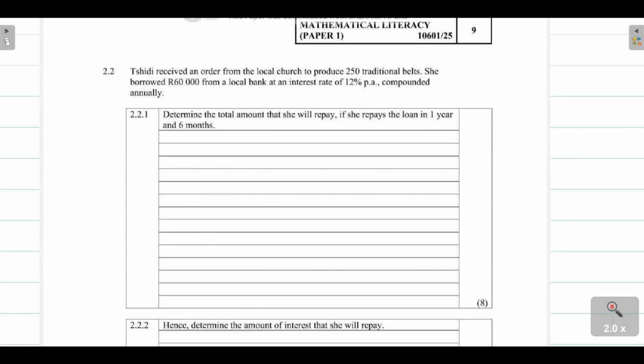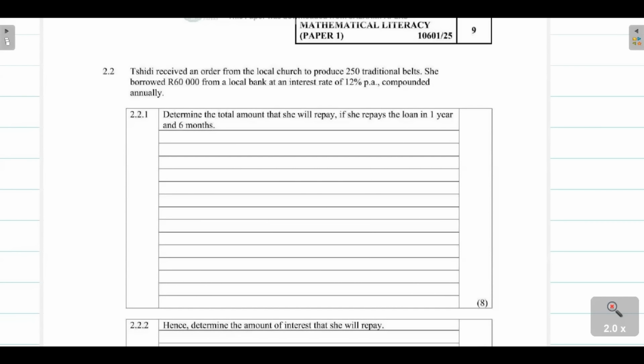Then, when we look at question 2.2, it deals with interest calculations. Remember when we were looking at our interest calculations, we learned about compound interest and we learned about simple interest.